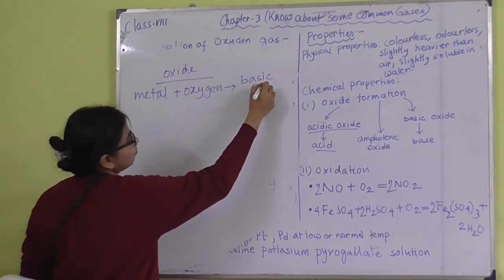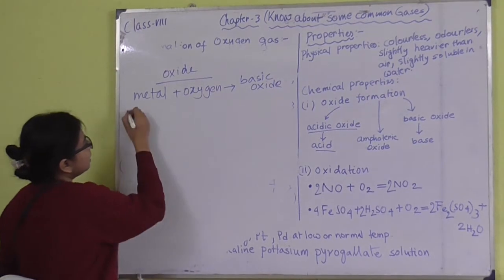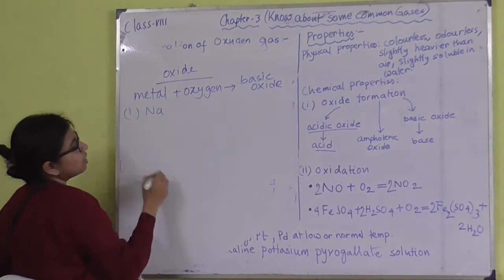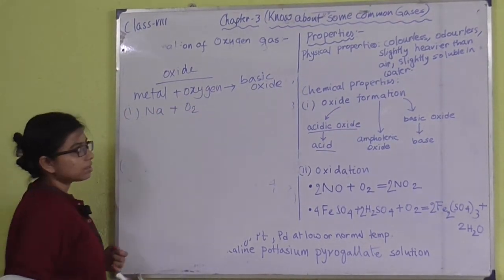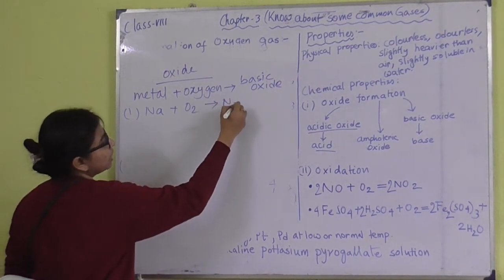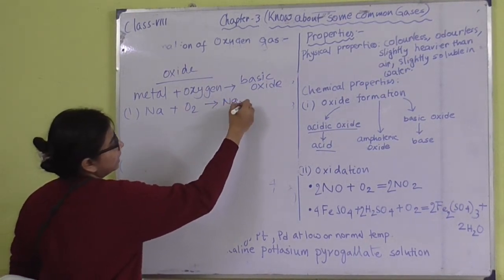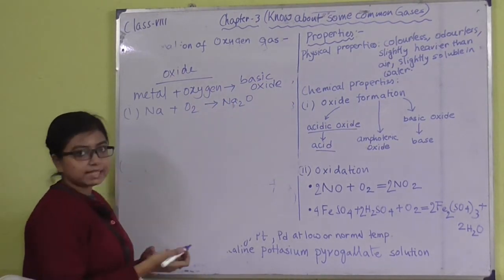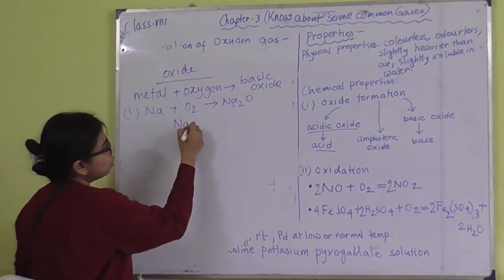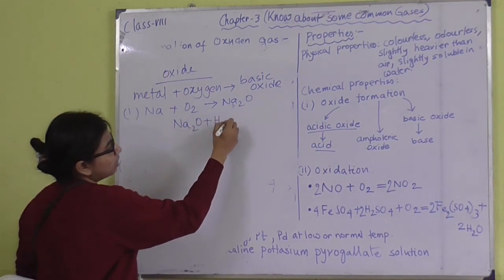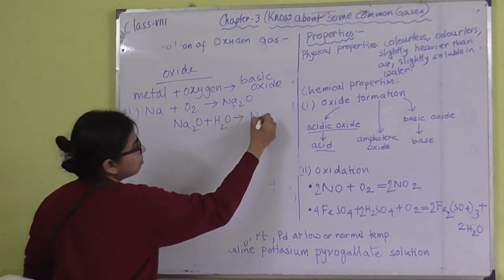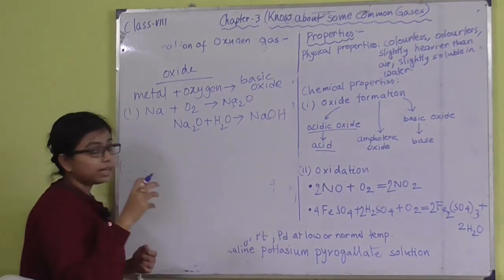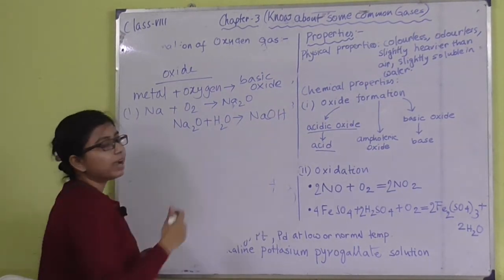Suppose we take sodium, sodium reacts with oxygen to give you sodium oxide, that is Na2O. This is an example of basic oxide, because Na2O will react with water to give you a base or an alkali. This is sodium hydroxide.